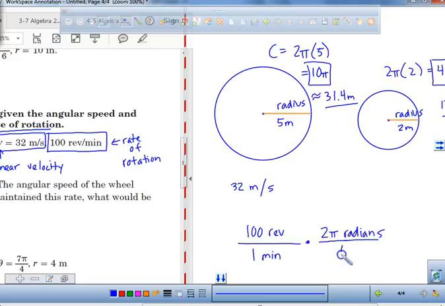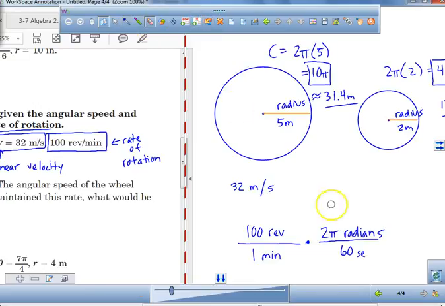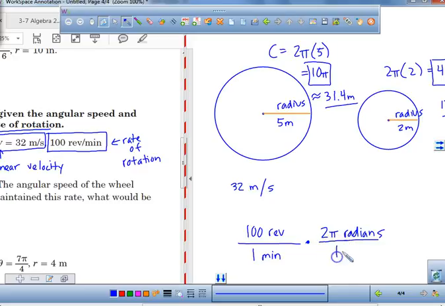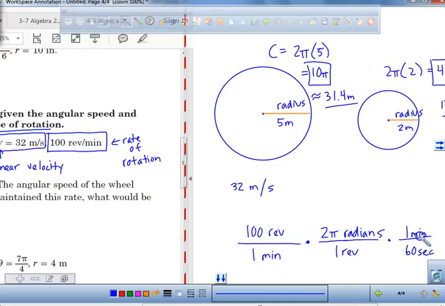So I'm going to divide this by 60 seconds in 1 minute. 1 revolution is 2 pi radians. There are 60 seconds in 1 minute.